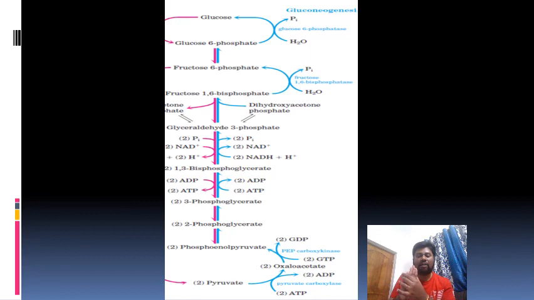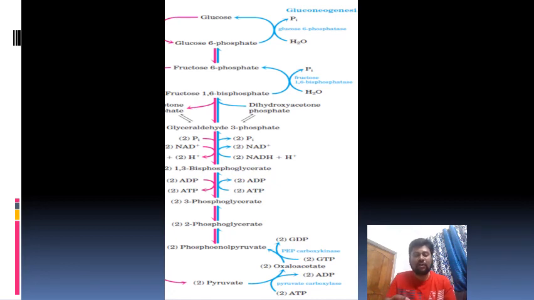Once all of them enter glycolysis, by reversal of glycolysis using the alternate enzymes for the irreversible enzymes, the pathway can be reversed and we can easily get glucose formed in the liver. So that's it about the pathway of gluconeogenesis.